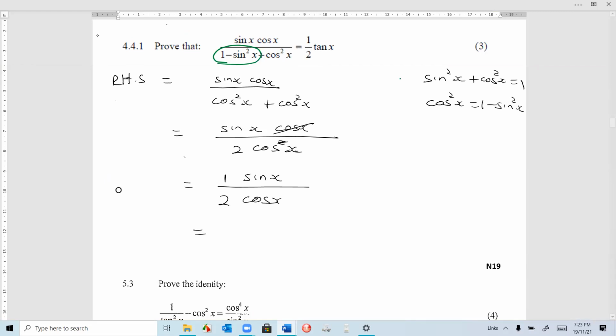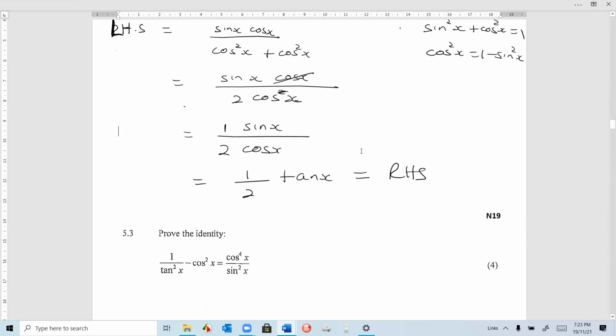So we know the number is 1 over 2, which is a half. Let's separate it. Sine x over cos x is actually tan x. Sorry, I should have said we are starting with the left-hand side, not the right-hand side. And that is actually equal to the right-hand side. So we proved the trig identity. Are you happy with that?